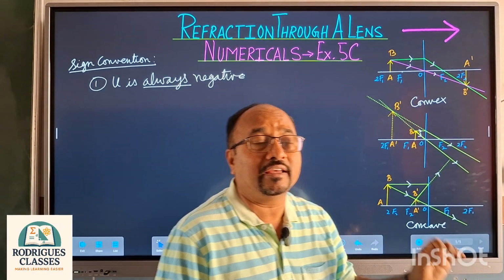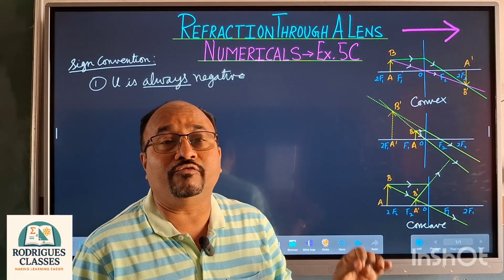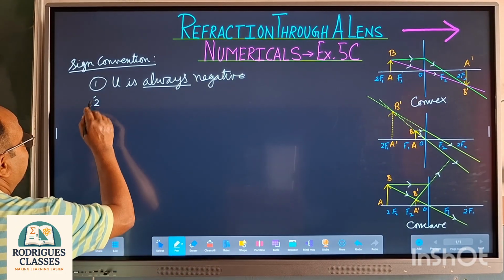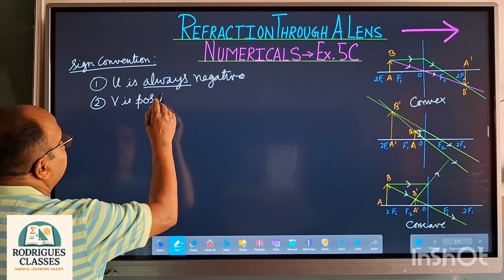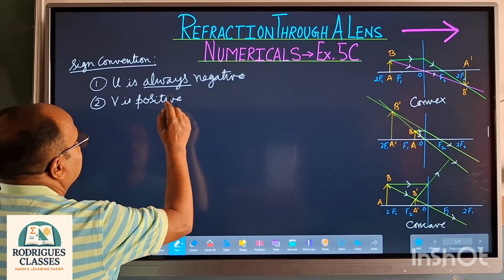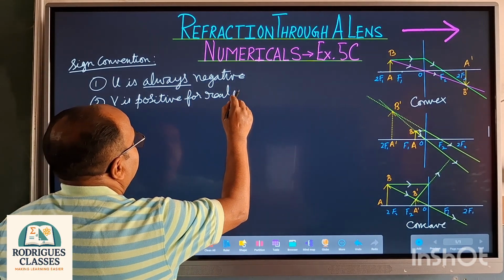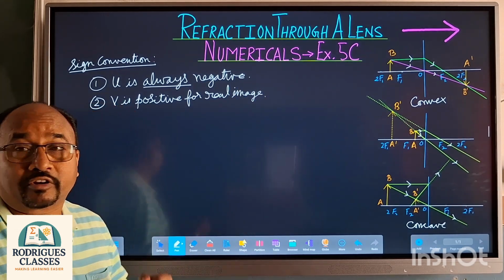So I will say that whenever a real image is formed, the sign of V will be positive. So I will write here V is positive for real image.